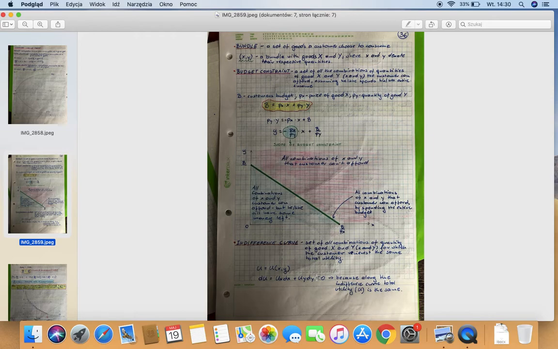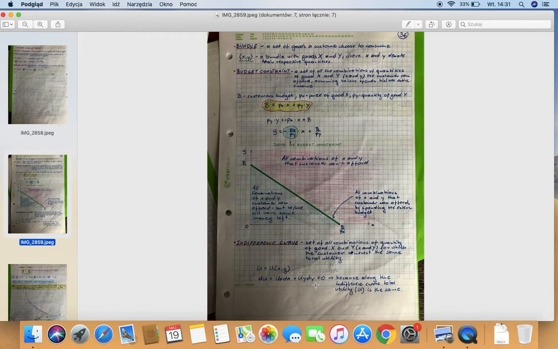But now the assumption of the indifference curve is that all the combinations of two goods should give you exactly the same total utility. So to obtain the indifference curve, we set this differential equal to 0. Because here we will have some increases in X and some decreases in Y, but your total utility is not changing.